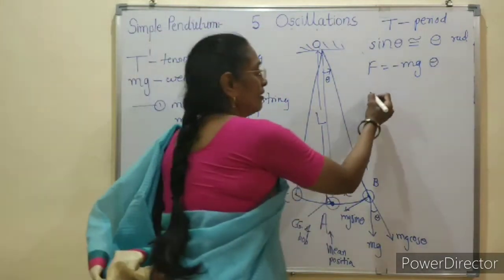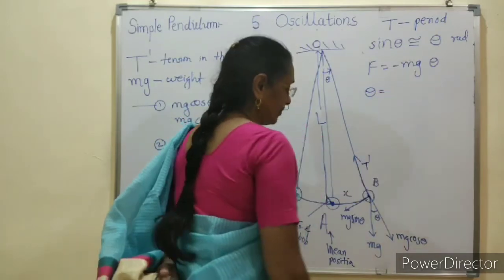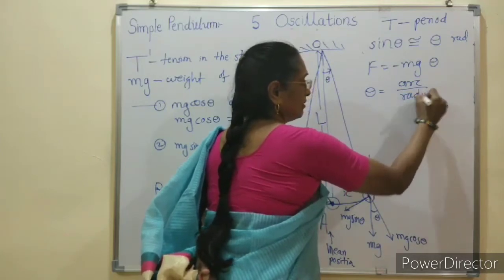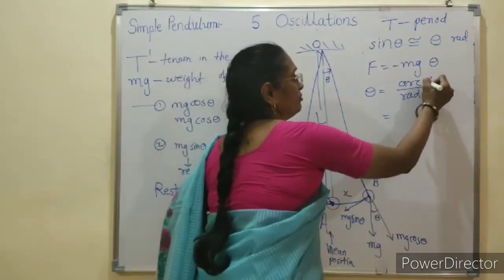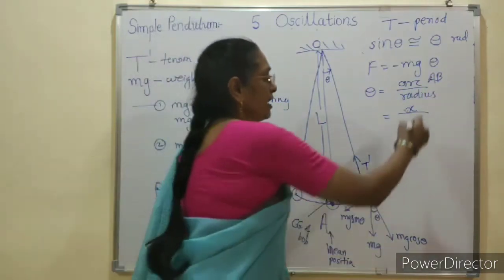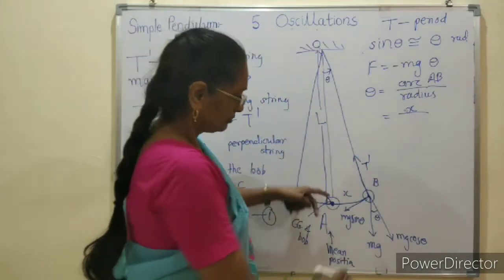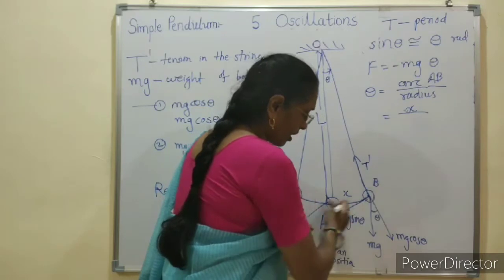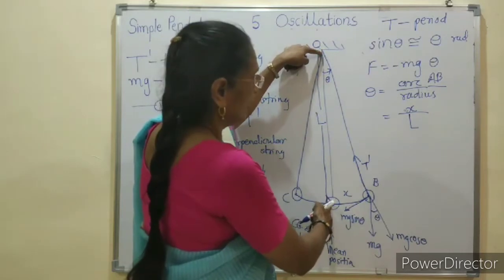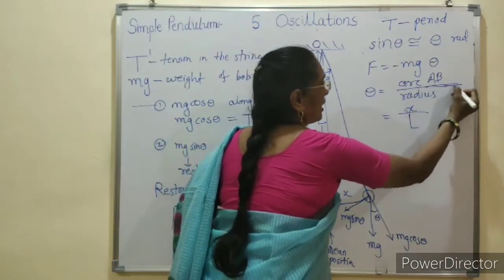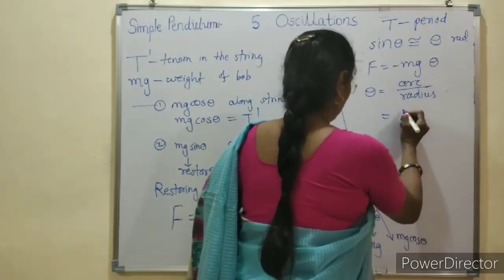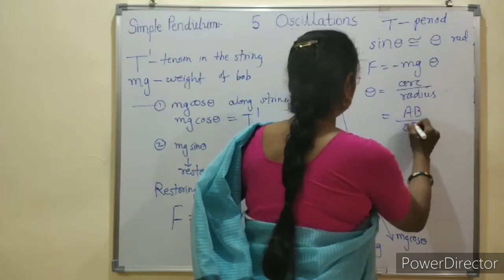It can be written again from the geometry of the figure. Theta is equal to arc upon radius. Arc here is arc AB. Arc AB we have written already, it is equal to x, and radius of this circular path is equal to L. Radius can be taken as OB.